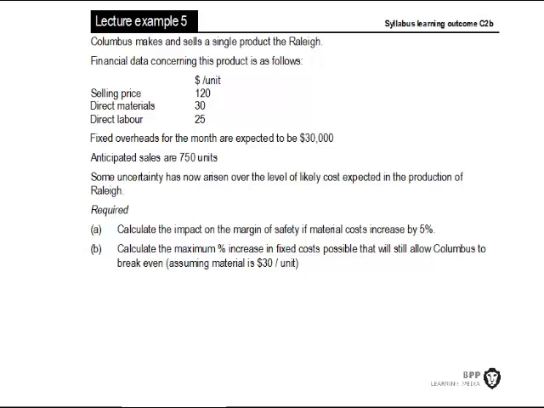So the first thing we've got to do is calculate the impact, in other words the change, on the margin of safety if material costs increase by 5%. In order to work out the impact on the margin of safety, we need to know what the margin of safety is at the moment. And in order to calculate that, we need to calculate the break-even point. So the current break-even point will be the fixed costs, which are $30,000, over the contribution per unit, which is the selling price of $120, minus the materials, minus the labour.